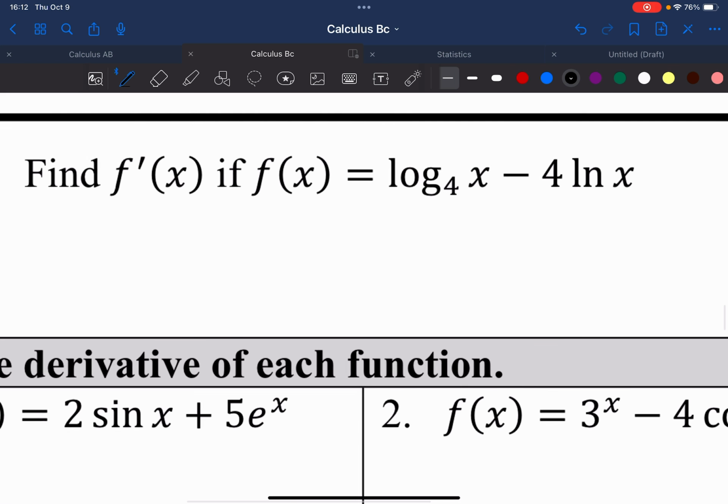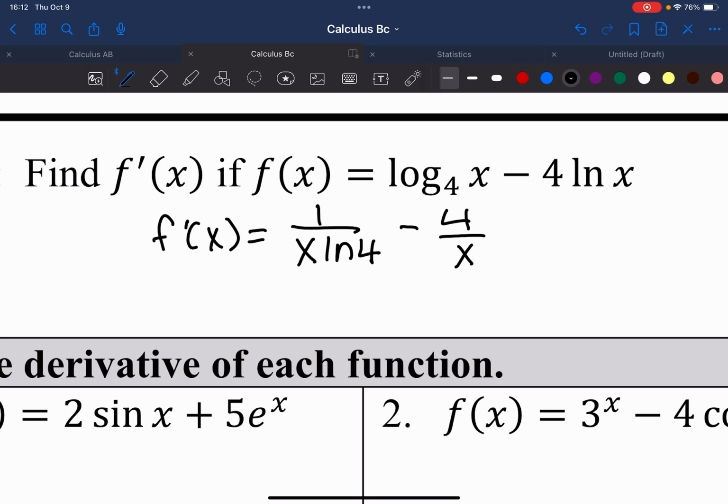Okay. Which means if we were to take the derivative of this function, the derivative of log base 4 of x is going to be equal to 1 over x natural log 4, and then the derivative of 4 natural log x is just going to be minus 4 over x.